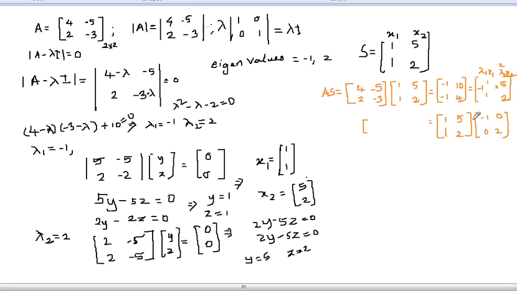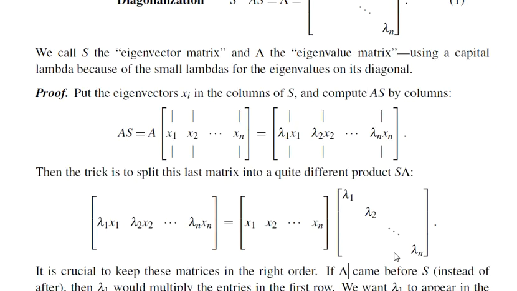So it is as good as writing this -1, 10, 4 as lambda 1 x1, and so on, which is nothing but, as we have seen, x1, x2, x3 up till xn multiplied by lambda 1, lambda 2 and so on as shown here. So it is equal to this.